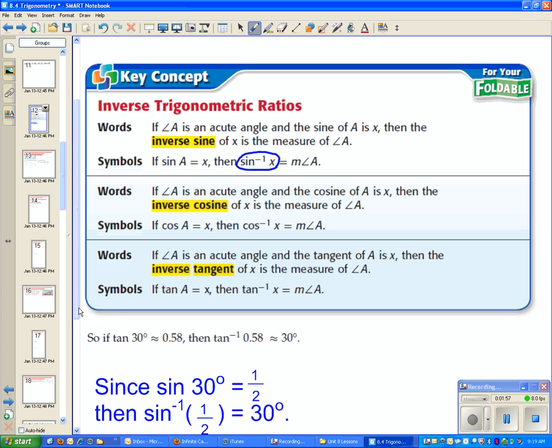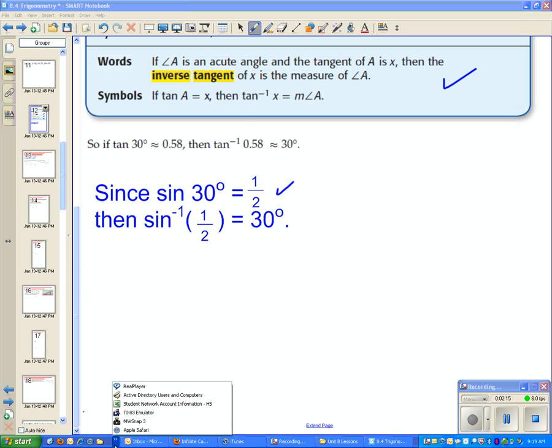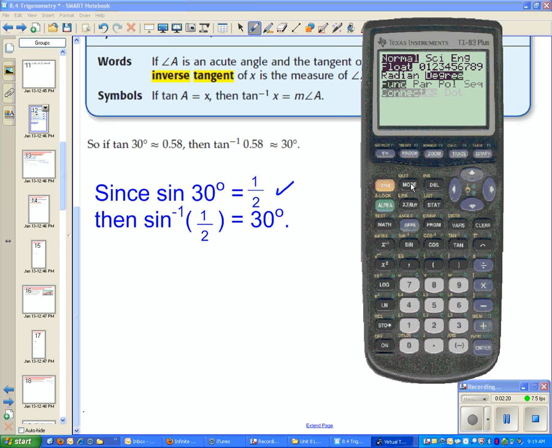Now, I could go through all 3 of these definitions, but I'm not too sure they'll make very much sense to you. So instead, let's look at this. Since the sine of 30 degrees equals 1/2, let's pretend that you don't believe me. We make sure we're in degree, and we do the sine of 30, 1/2. Then the inverse sine of 1/2 equals 30.